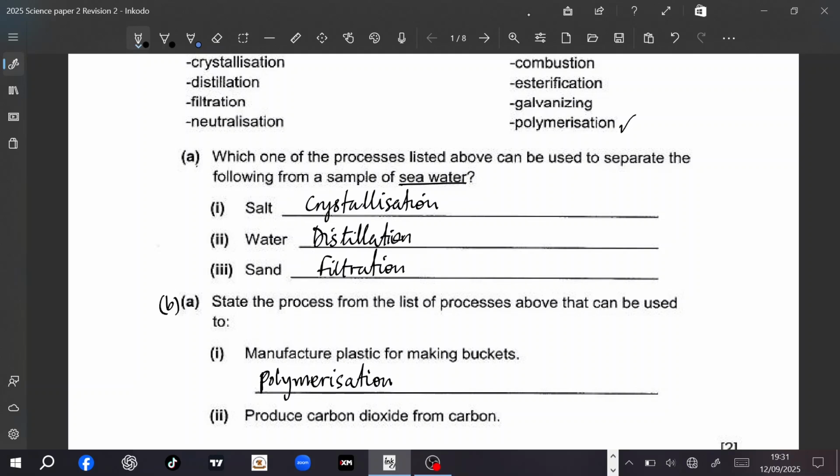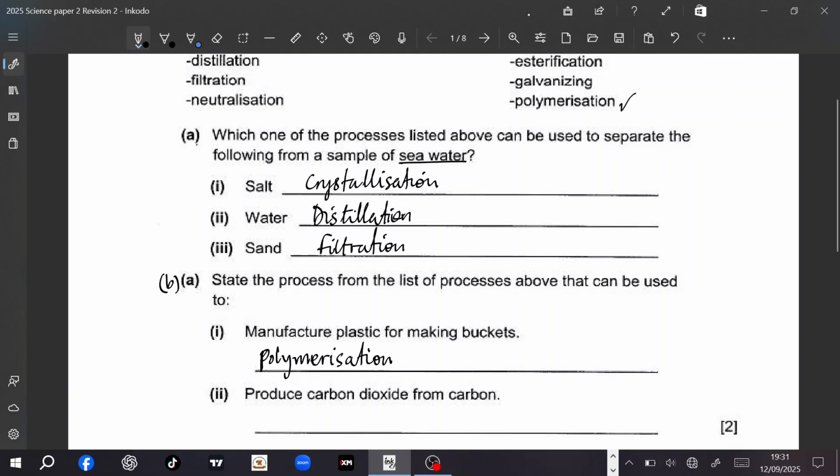You join small units, especially alkenes, to form longer units called polymers. That is what polymerization is: the joining of smaller units called monomers to form larger molecules called polymers.